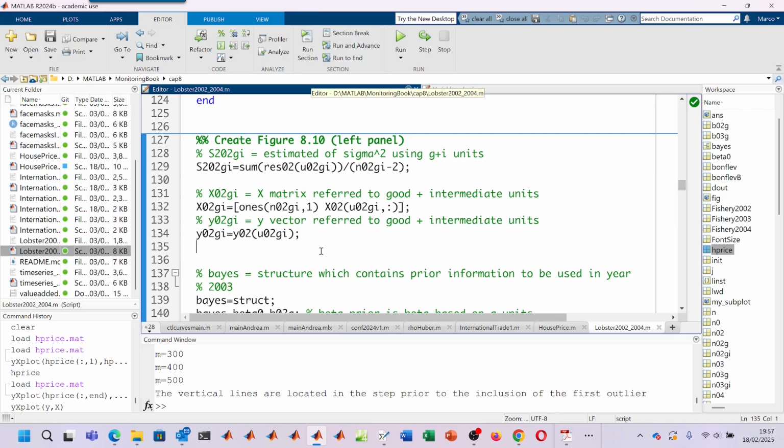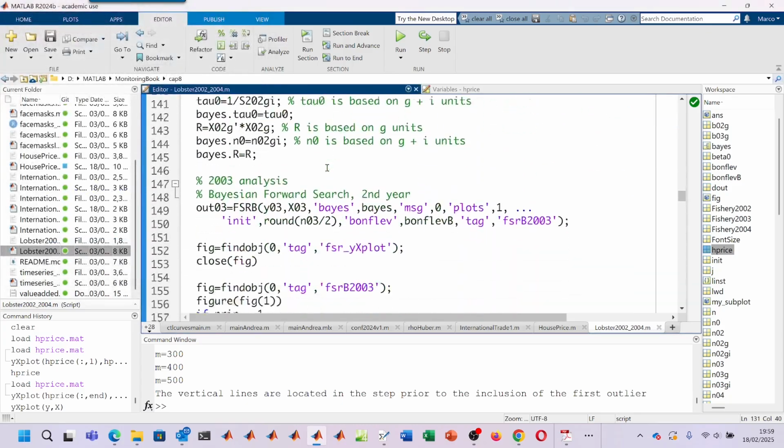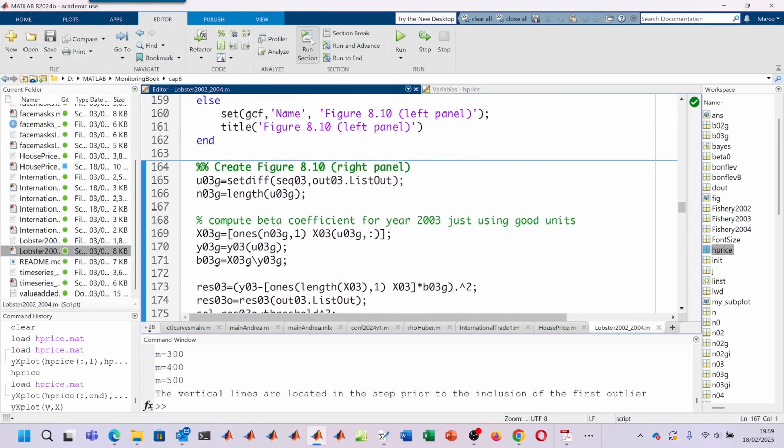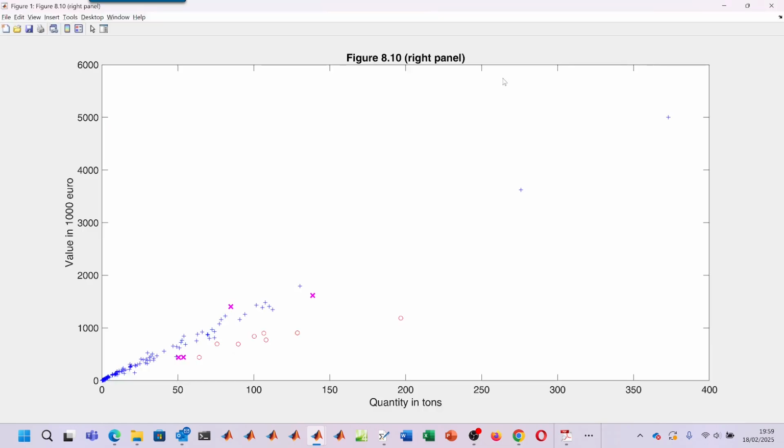Now we move to the second year. In the second year, we have a prior that is made up of the units that either had not been declared as outliers in the first year, or had a deviation smaller than a certain threshold. We do outlier detection, and now we create figure 8.10. Here is a plot just of the 2003 data, since we have used the 2002 data just to generate our prior values.